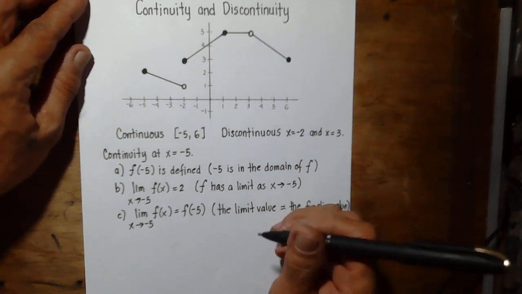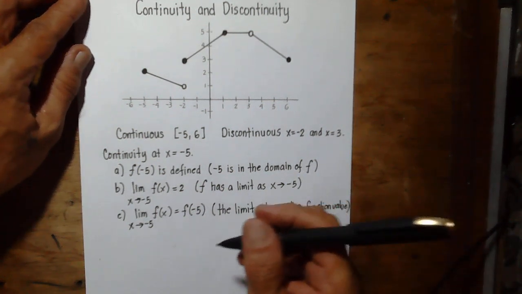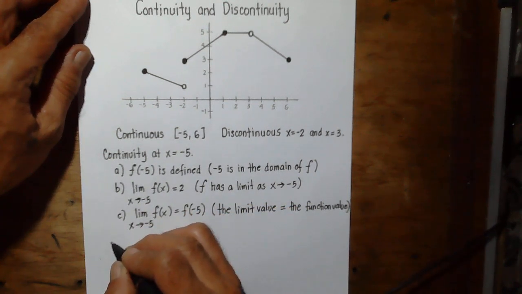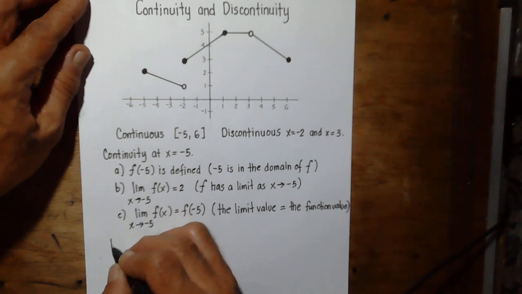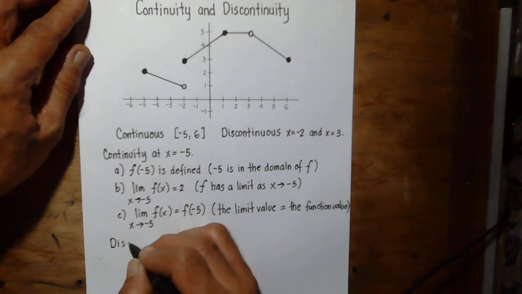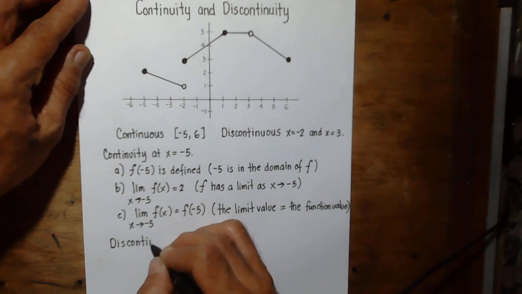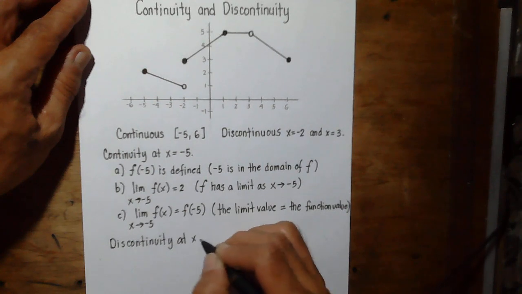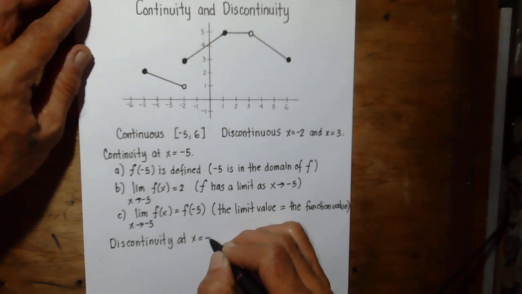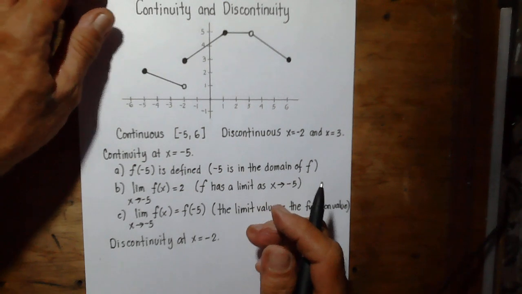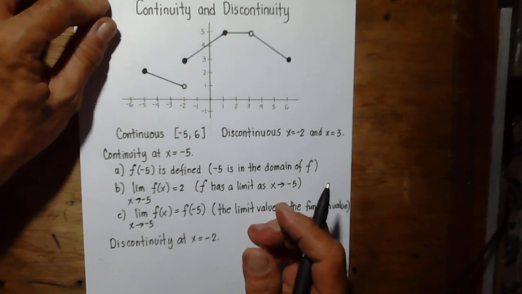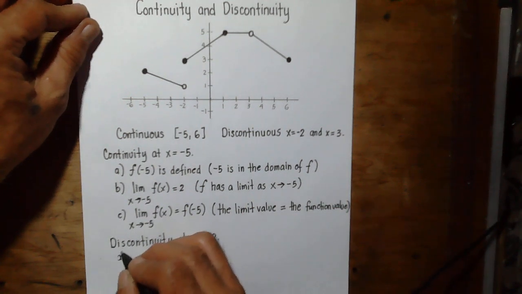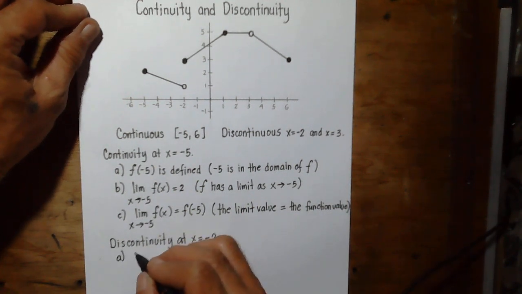Now we prove discontinuity at x equal to negative 2. When x is equal to negative 2, why is the function discontinuous? Reason is this.